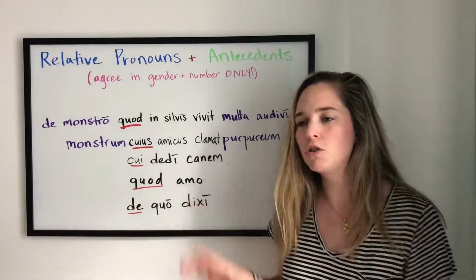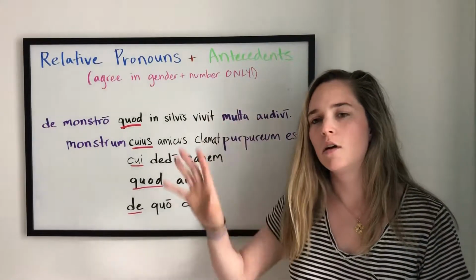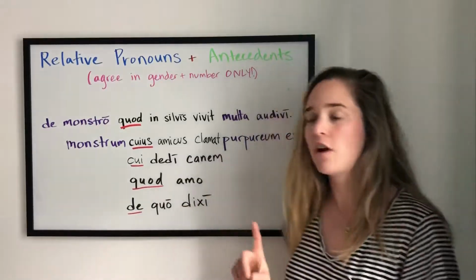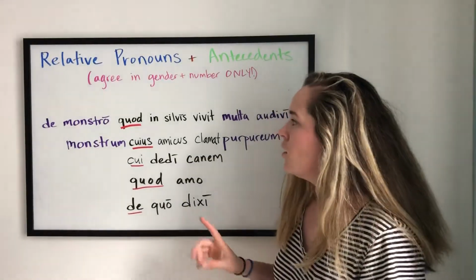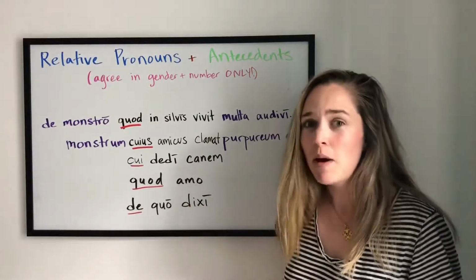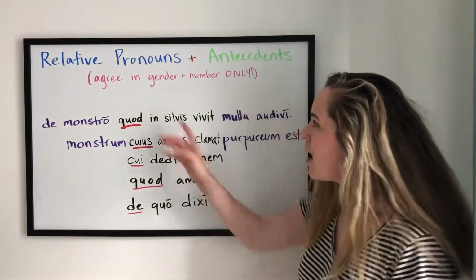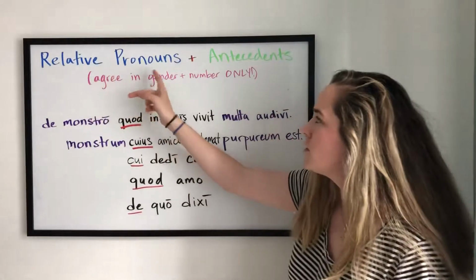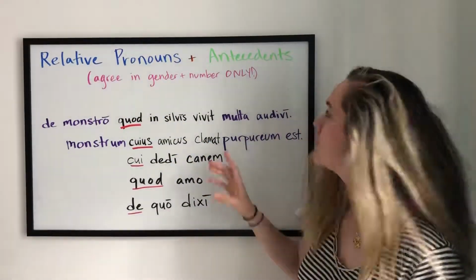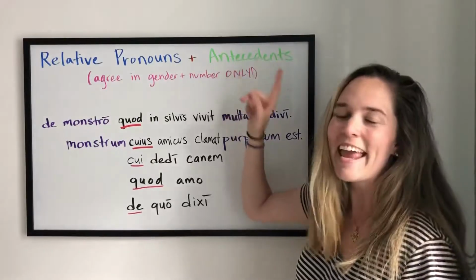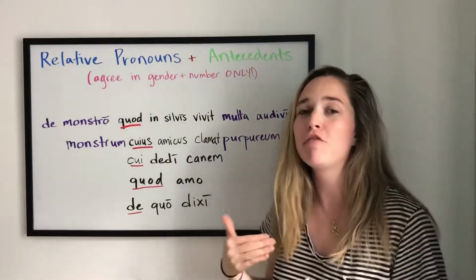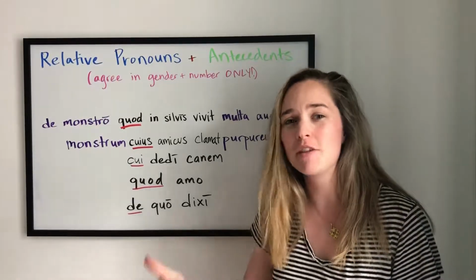And so you have a whole chart of pronouns arranged by these three categories, one word for each combination. Right now, we're not talking about that whole chart, which needs to just be memorized on its own, but right now we're talking about what relative pronouns look like in a sentence, and how they relate to their antecedents. An antecedent is the word that a pronoun refers to, the noun that it's referring to.